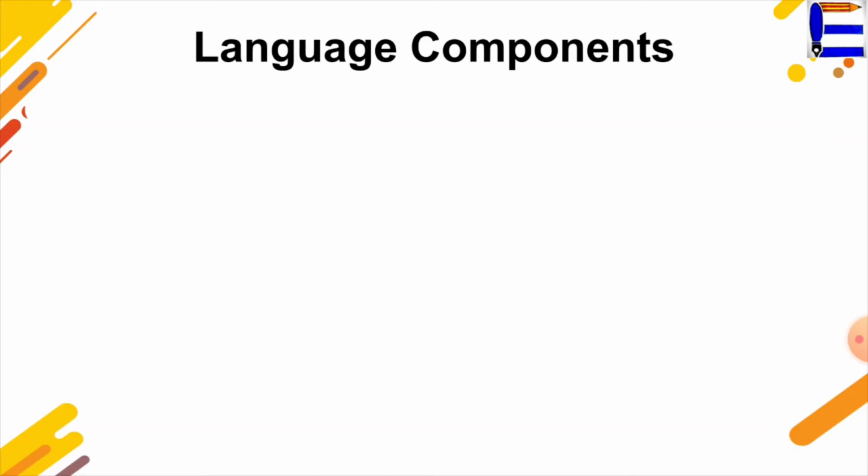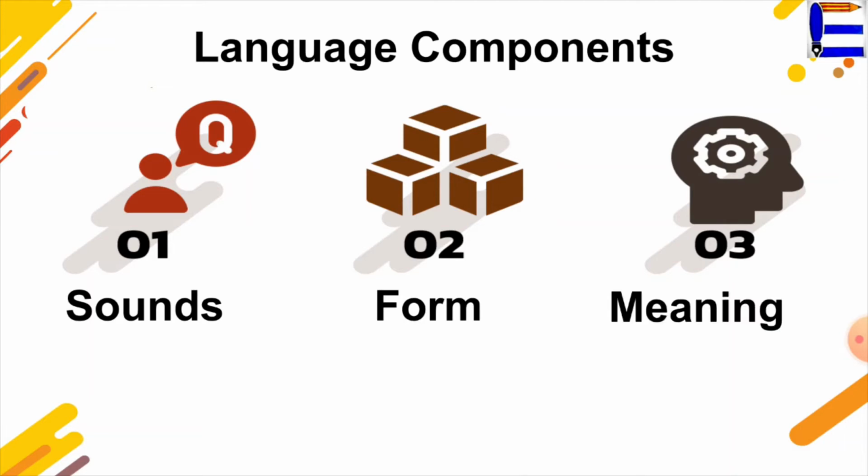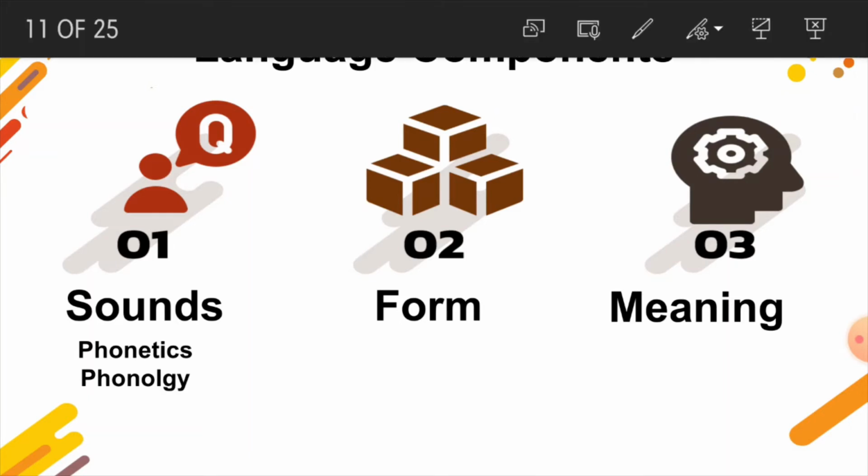So, the basic components of language are sound, form and meaning. The entire structure of a language is built on these major components. Now, these components have their subcomponents or branches. The first branch under sound is phonetics. Phonetics is the study of speech sounds, where you learn the actual production of the sounds, their meaning and written form.